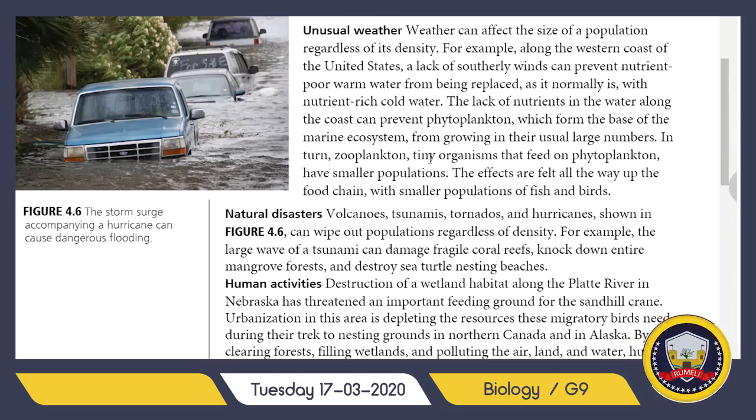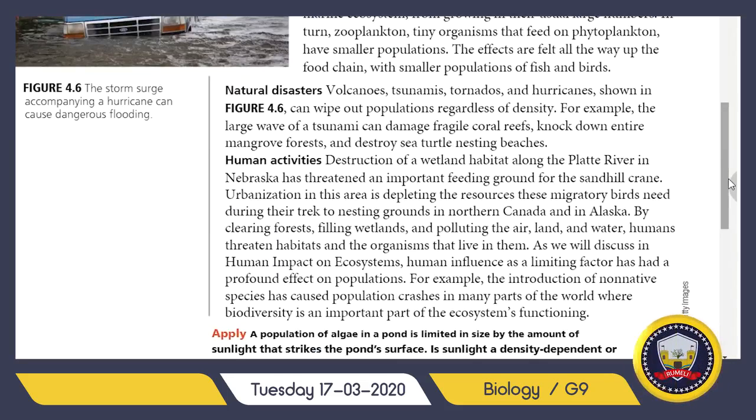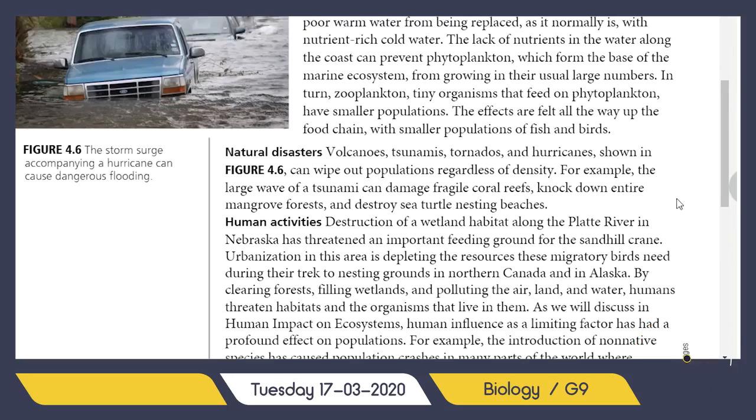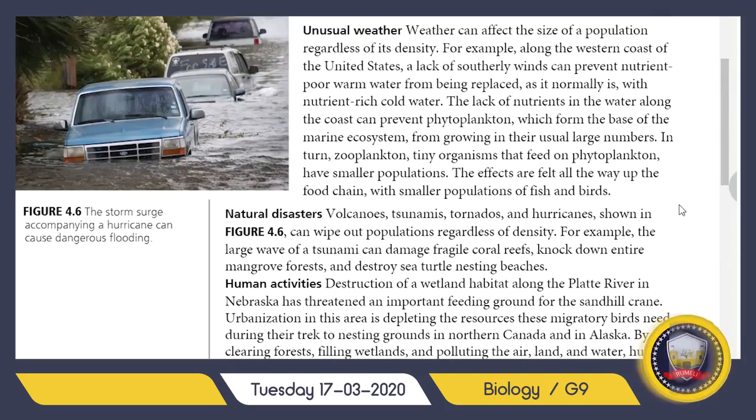Natural disasters. Also, it's understood that volcanoes, tsunamis, tornadoes, and hurricanes can wipe out a whole population, regardless of densities. If a volcano hit, let's say, a huge city with 30 million people in it, this volcano will wipe out all of them, regardless.